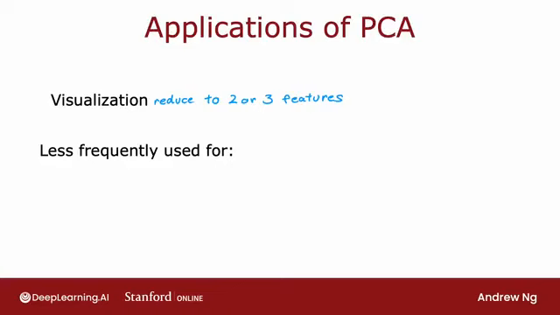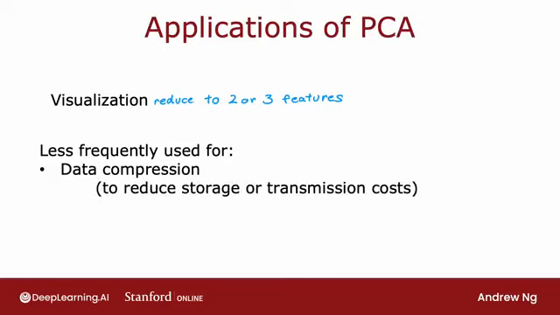Another possible use for PCA is data compression. For example, if you have a database of lots of different cars and you have 50 features per car, but it's just taking up too much space on your database, or maybe transmitting 50 numbers over the internet just takes too long. Then one thing you could do is reduce these 50 features to a smaller number of features. And it could be 10 features with 10 axes or 10 principal components.